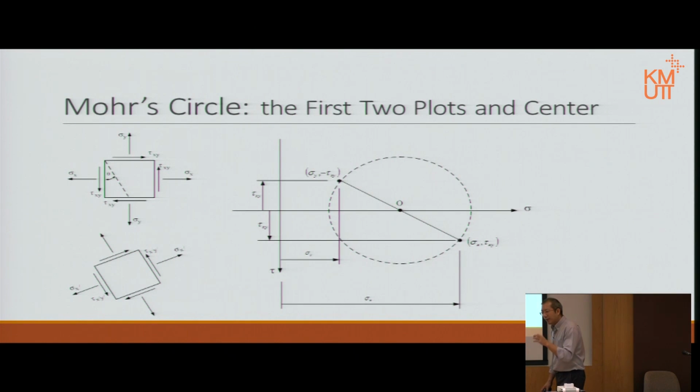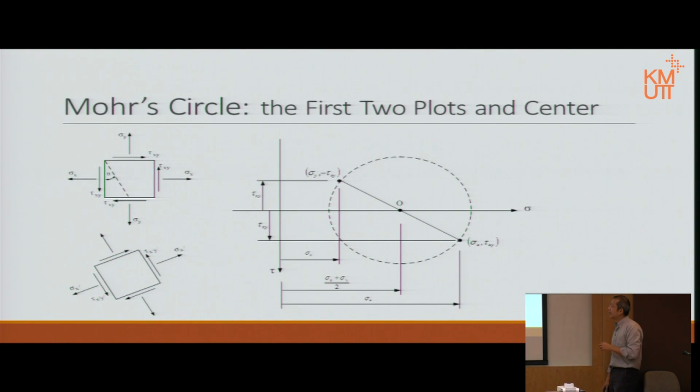If in the physical sense it changed 1 theta, in the equation sense it changed 2 theta. So physical side 90, mathematical is 180 degrees. 180 degrees means it's the opposite side of the circle, so that becomes the diameter line.